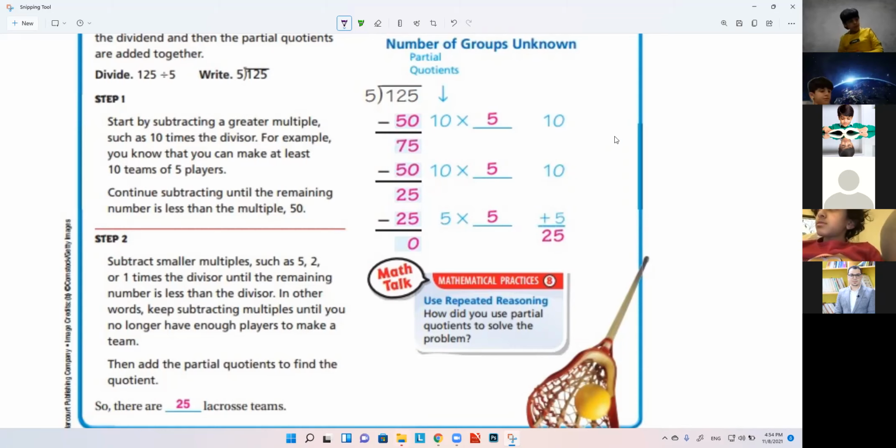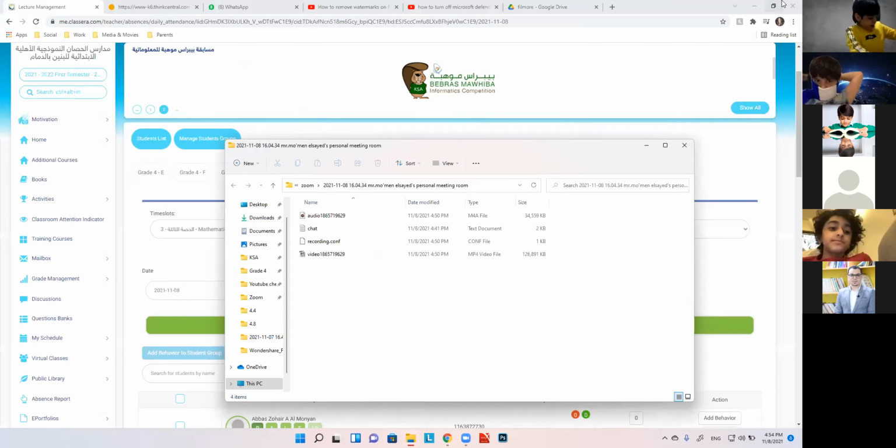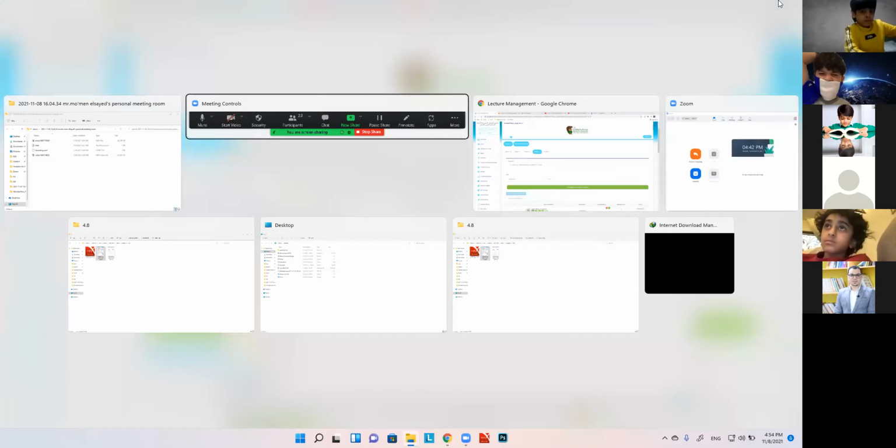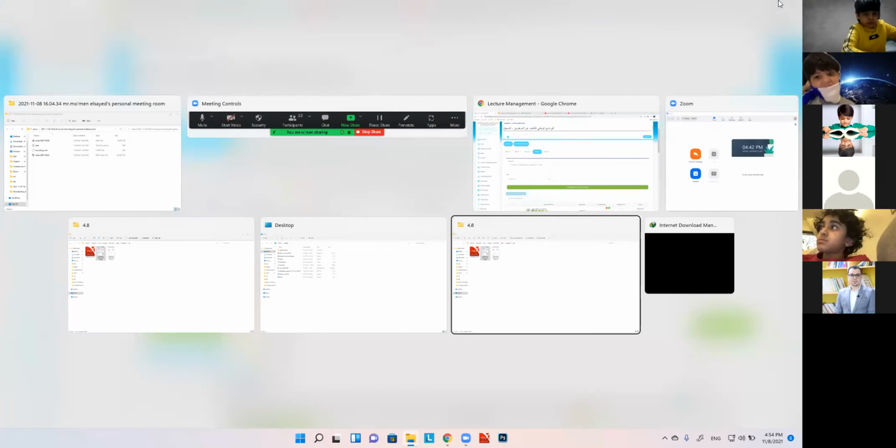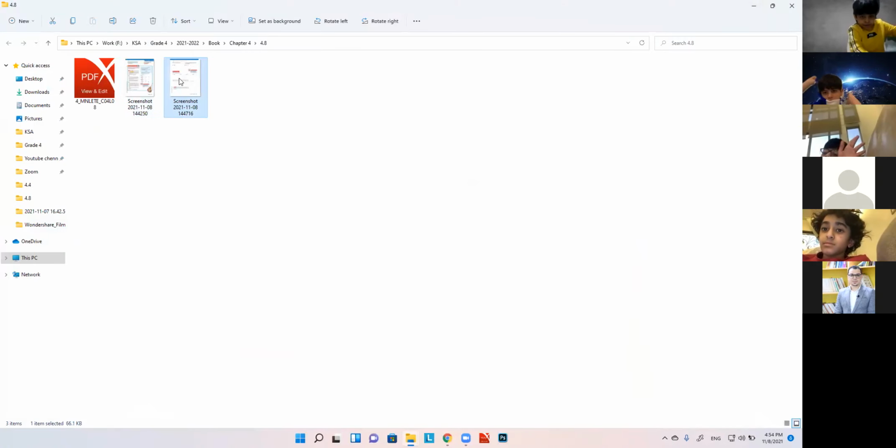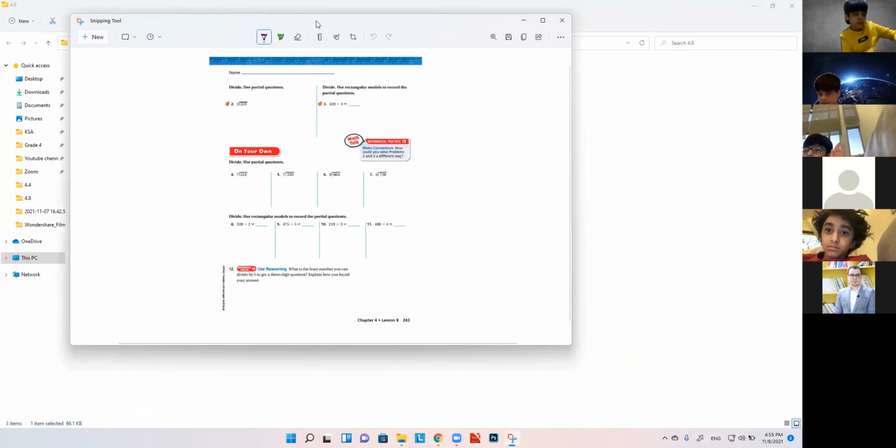Are you ready? Okay, let's move. Okay, so skip the next page and let's move to the page after it.